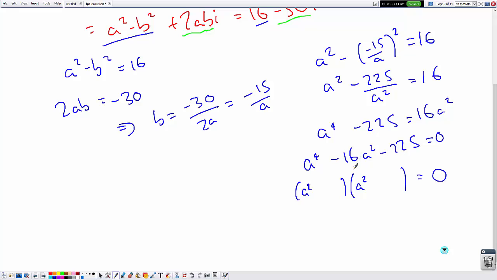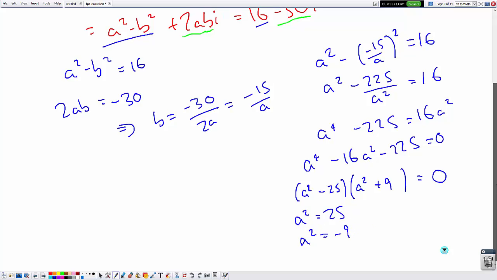Now I just need to think about the signs: it's minus 25 plus 9. Let's just check: 25 times 9 is 225, and you get minus 16. So we get a squared is equal to 25, or a squared equals minus 9.